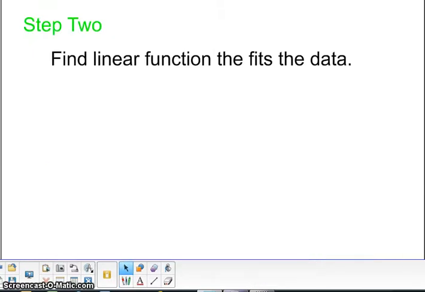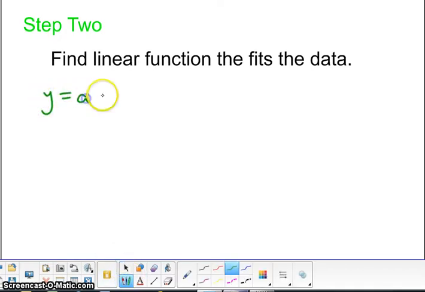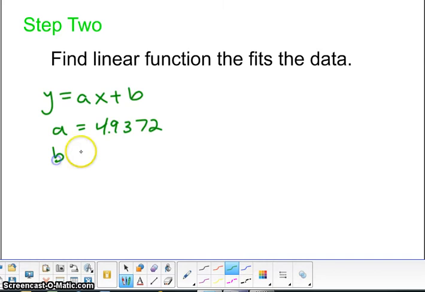So after plugging everything in, you end up with a linear regression where it looks like y equals ax plus b, where a equals 4.9372, that is rounded, and b is 52.3449.